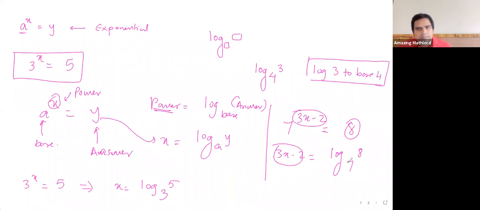Now you might be wondering how we calculate values like log 8 to the base 7 or log 5 to the base 3. These can be done directly on a technology calculator, and you can solve for x properly. My objective at this stage is to convert an exponential relation into logarithmic. So let's take one or two more examples.